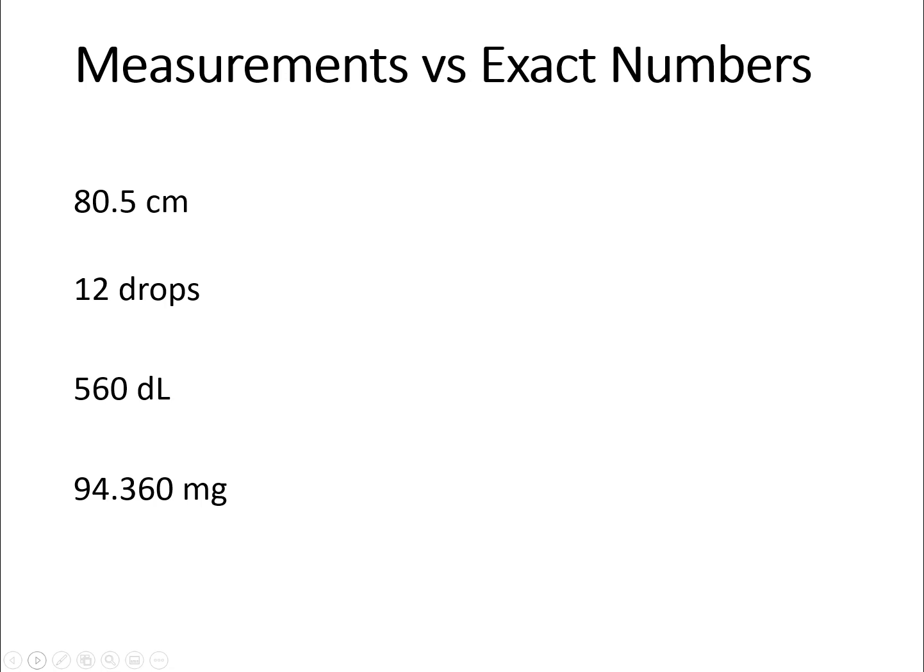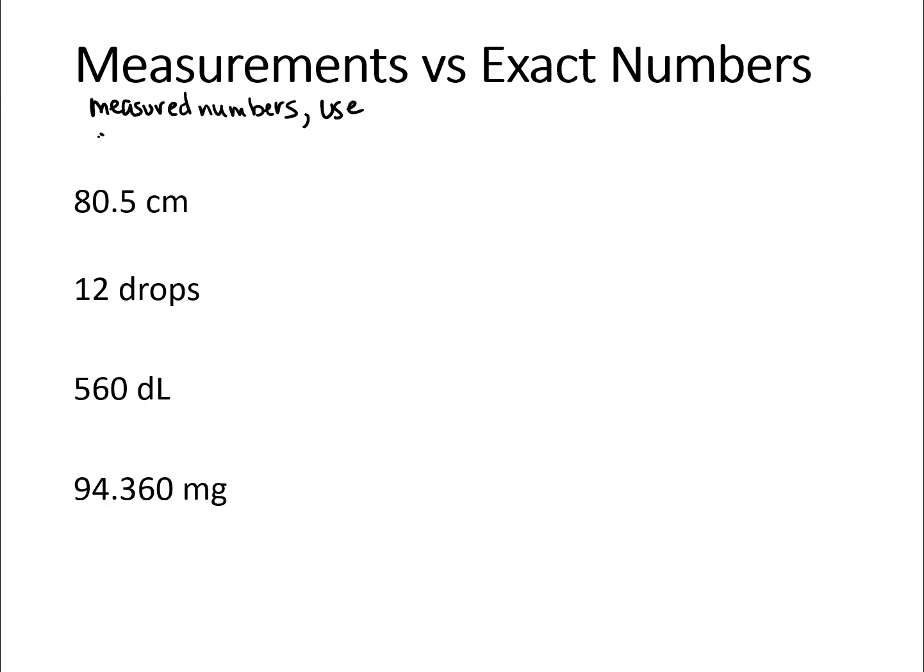All right. We're going to start off with measurements and exact numbers. Hopefully you got a chance to watch the videos. If not, I'll try to catch you up as best I can, but we can't spend the whole time doing lecture because then we won't be able to do any practice. So measurements are just that. They're measured numbers. And they have a certain number of significant figures.